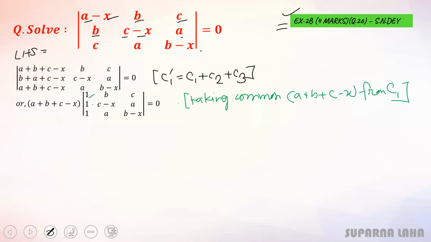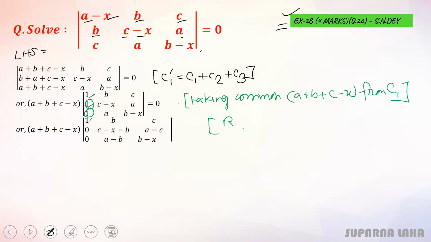All the elements of this column will be 1. Simply make two elements 0 and the remaining element should be 1. To make them 0, we apply row 2 minus row 1 and row 3 minus row 1. If we apply this operation you will easily find this.